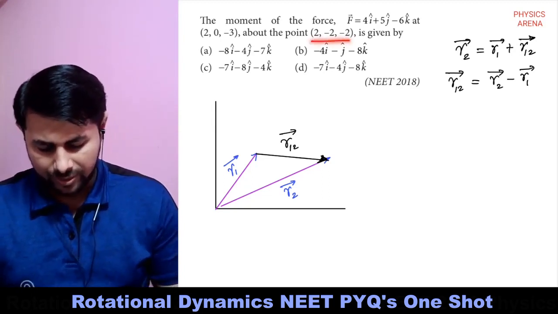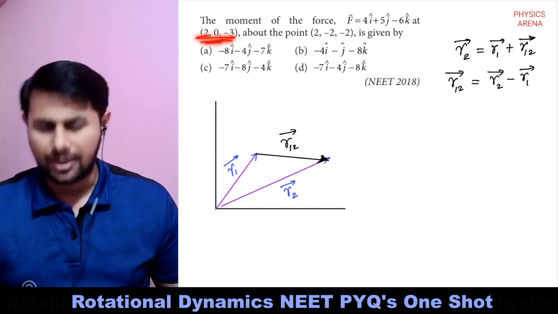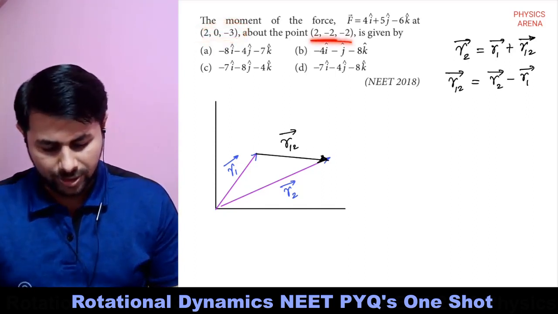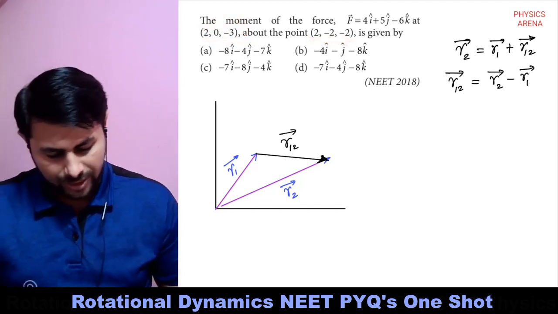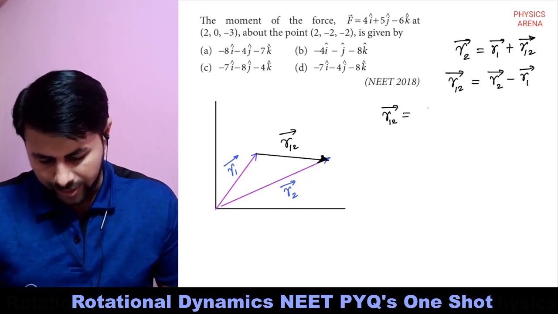Okay, so you are given the point. This is R2 bar, the position of R2, and this is the position of R1. So we can substitute that. We get R12 bar is equal to what?